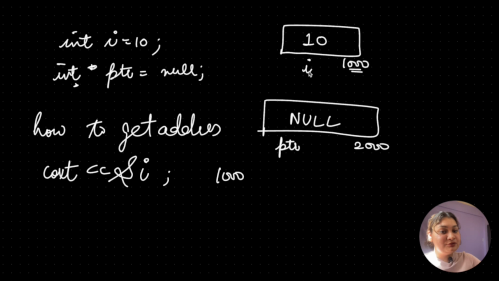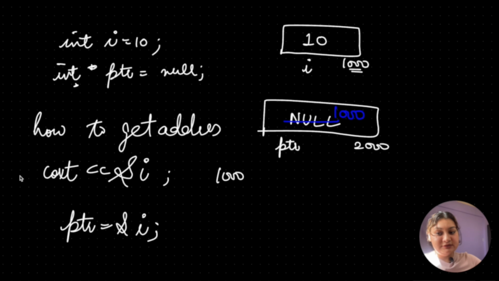That means in order to get the address of i, we'll just write &i, and we have to put that address into our pointer in order to make that connection. So we will write ptr = &i. That means in the ptr, earlier it was null, we will write &i, that is 1000. So we will cross out this null and put 1000 instead.